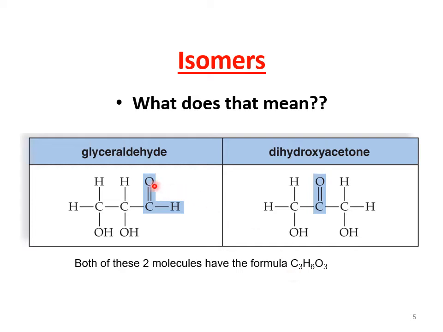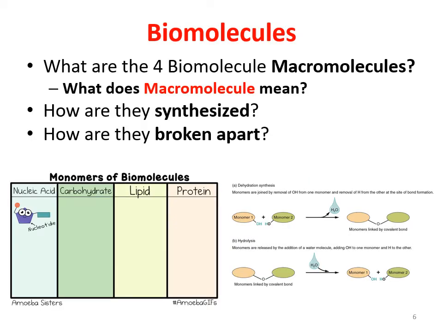Now, what I mean by arrangement of the atoms, you notice that the double bond to oxygen is on the last carbon in this molecule, but it's on the central carbon in this molecule. So they have the same number of atoms, but where their bonds are located, the order or arrangement of their atoms is different.